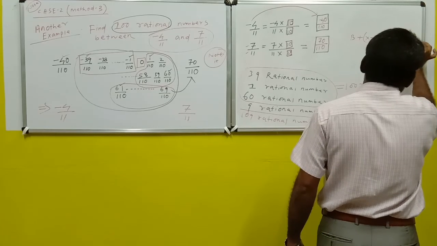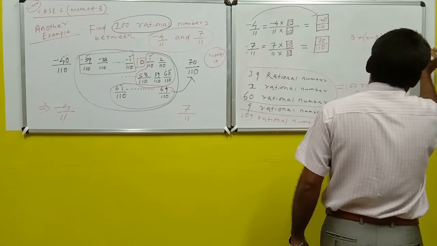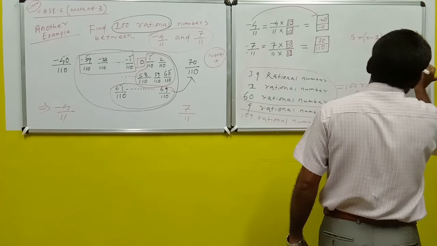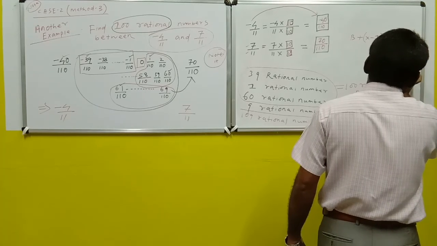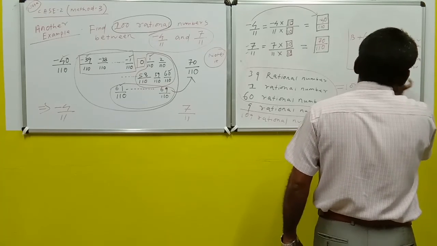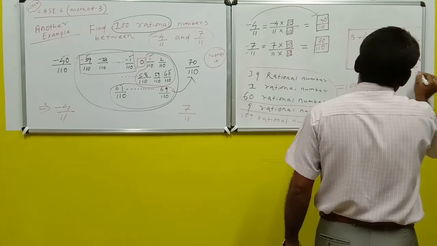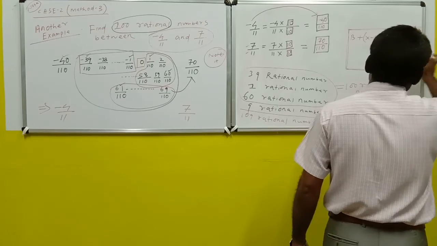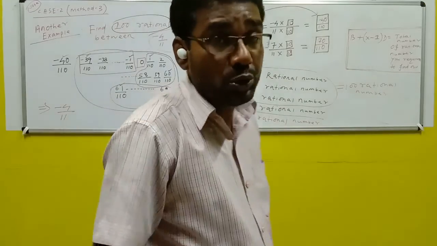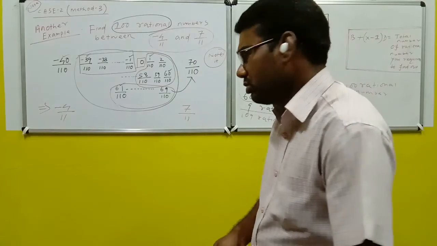This formula you will not get in any book. This is my own trick. This formula will make the problem very easier for you to solve. So it is your duty to remember this formula in your mind.